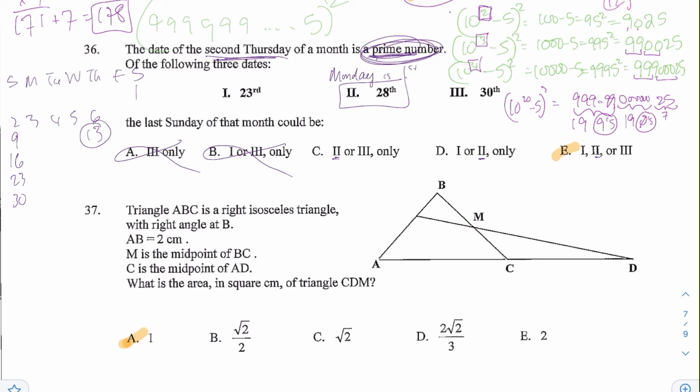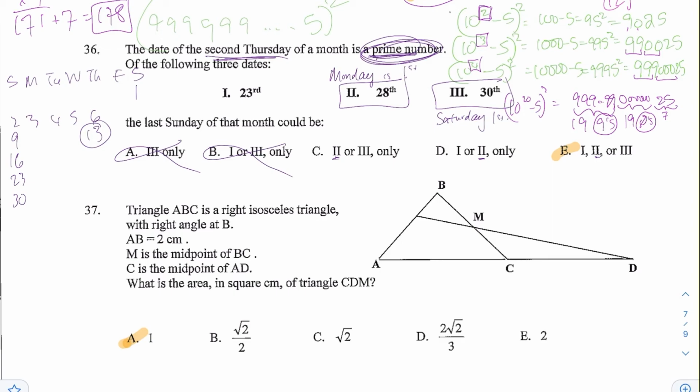The 30th could also work as Roman numeral number 3. So that would be the Saturday is the 1st. Okay, and then the last situation is if this was a February.